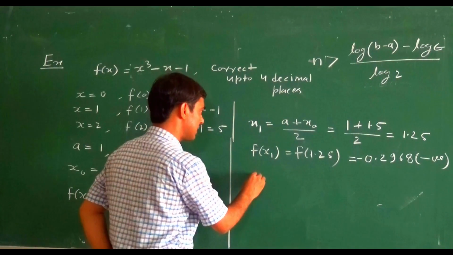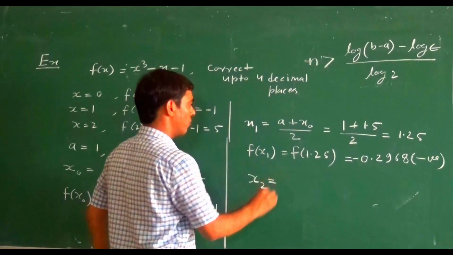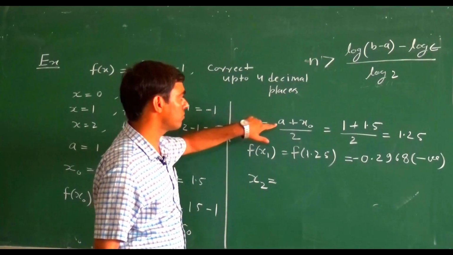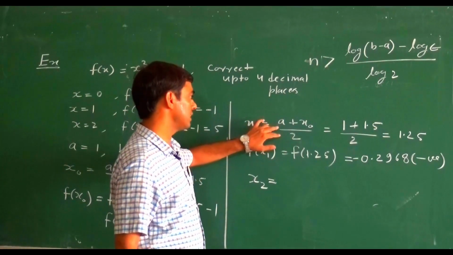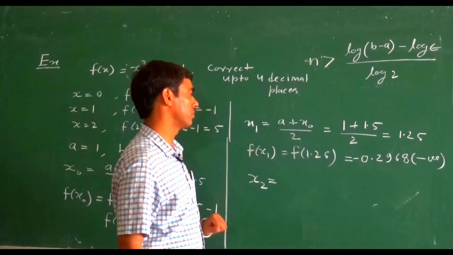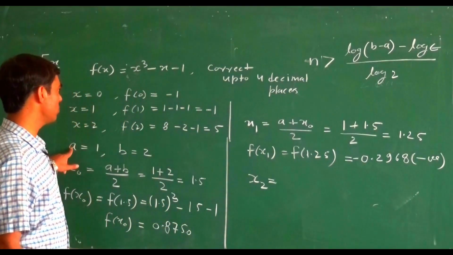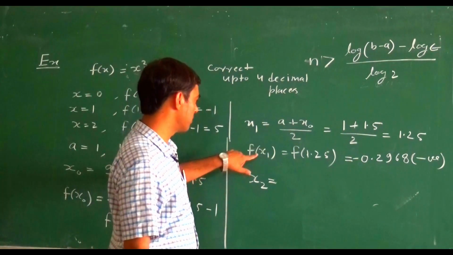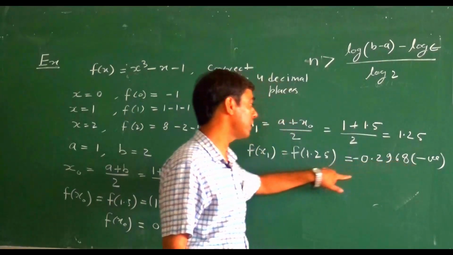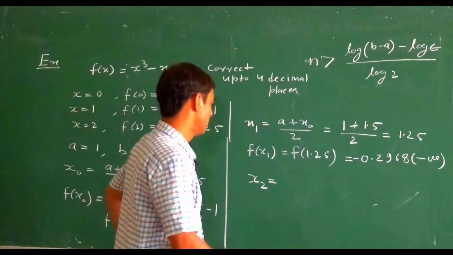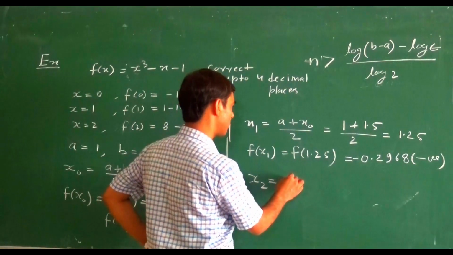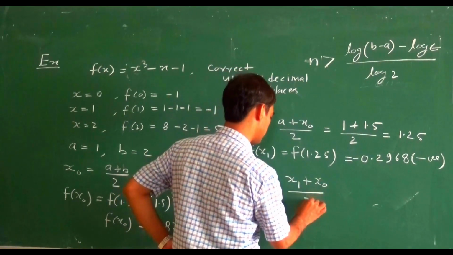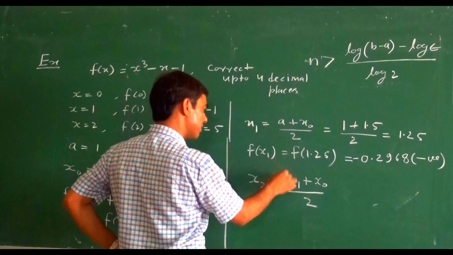So in our next iteration, we replace x1 with the value from the previous iteration, either a or x0. At a, the value is negative. At x0, the value is positive. But at x1, the value is negative. So we replace negative by negative. So what is the value of x2 here? x2 becomes x1 plus x0 divided by 2, means here we replace a by x1.